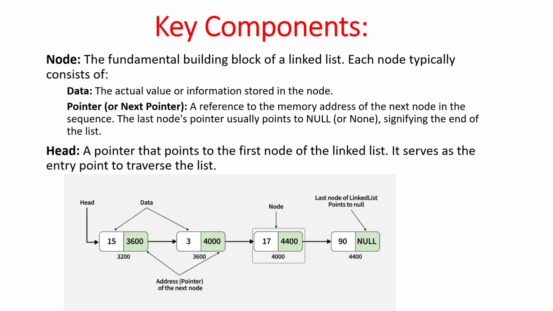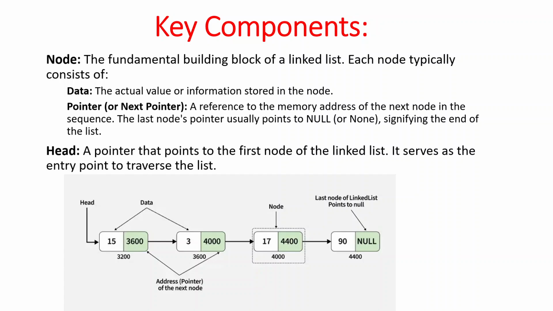The second node points to the third node, its data part contains 3, and it contains the address of the third node, which is 4000. Similarly, the third node points to the fourth node, its data part contains 17, and it contains the address of the fourth node, which is 4400, and the last node contains null, which represents the end of the linked list.